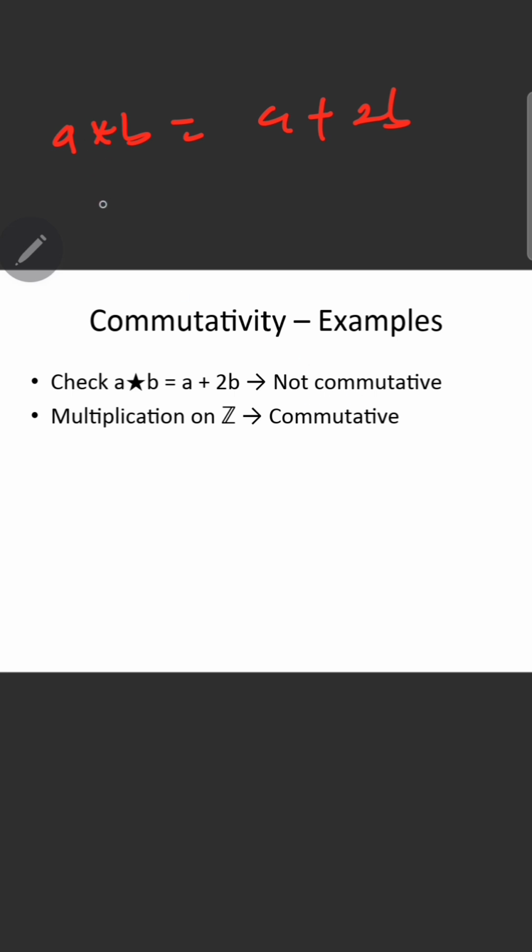So for it to be commutative, A operation B must be equal to B operation A. And what is A operation B? A operation B is A plus 2B. So what will now be B operation A? Don't forget that they have changed position.